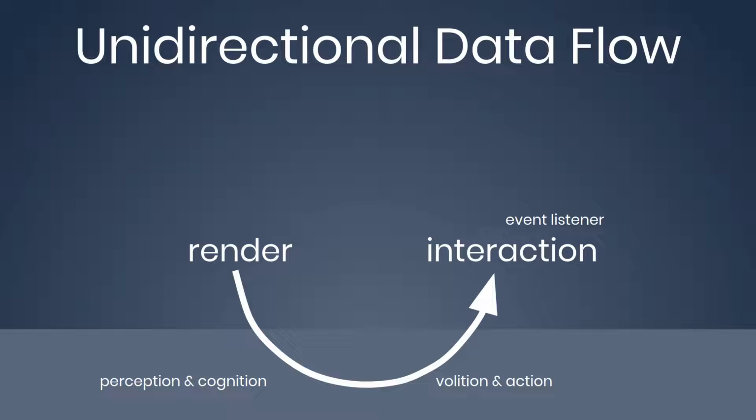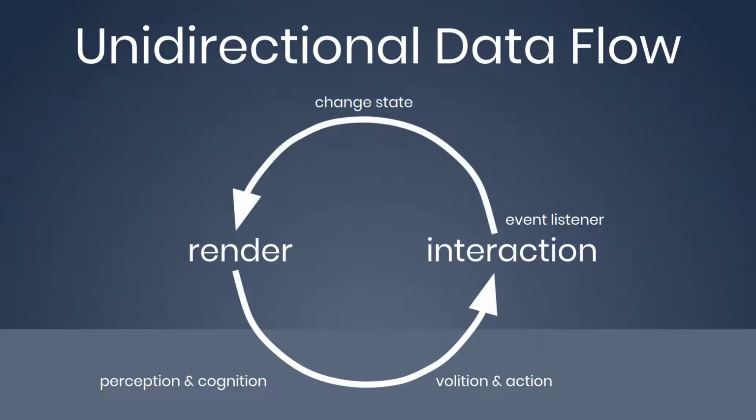The thing that completes the cycle of unidirectional data flow is that after some interaction happens and an event is fired, then the program will change state and re-render. In React, re-rendering takes advantage of React Virtual DOM reconciliation.